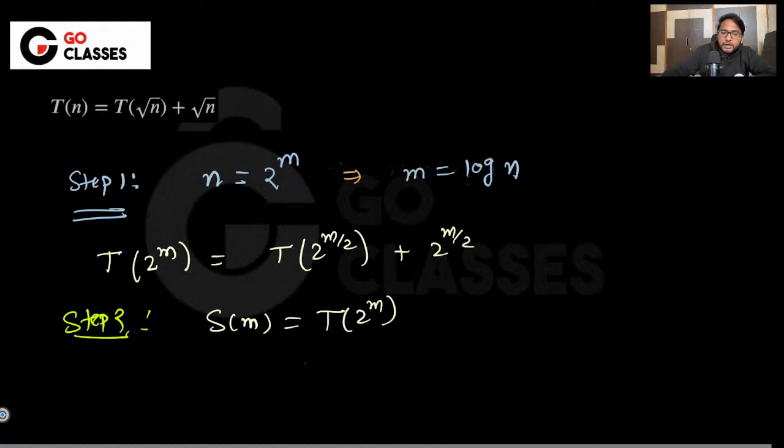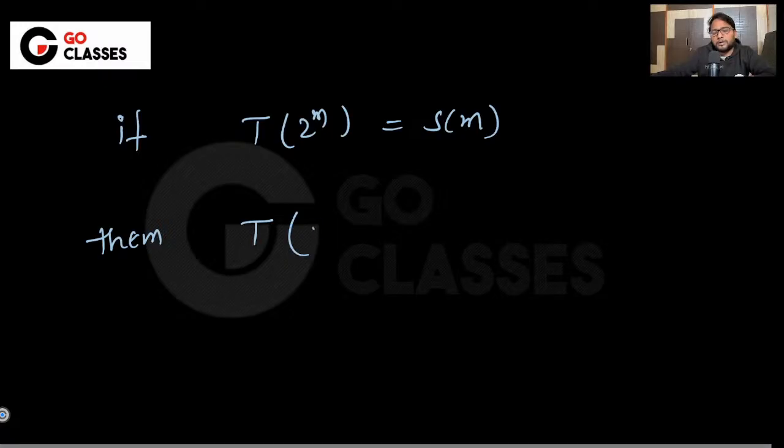Let's suppose I ask you what is T of 3 power m. Let me go to the next page. If T of 2 power m is Sm, then let's suppose T of 2 power 2m.